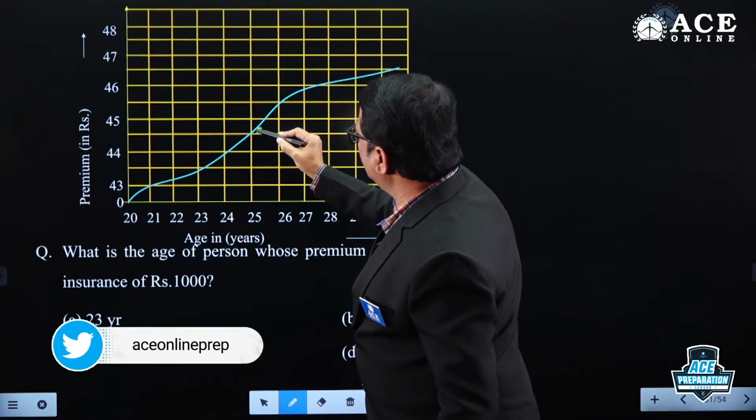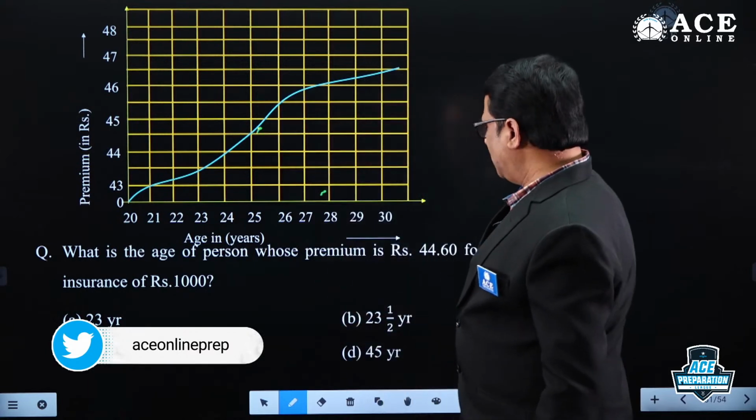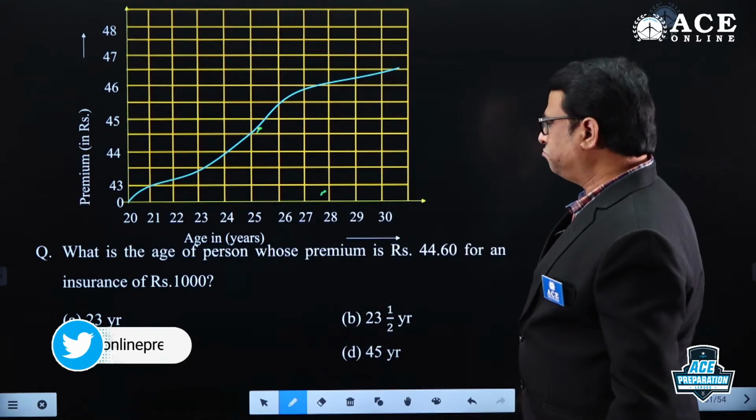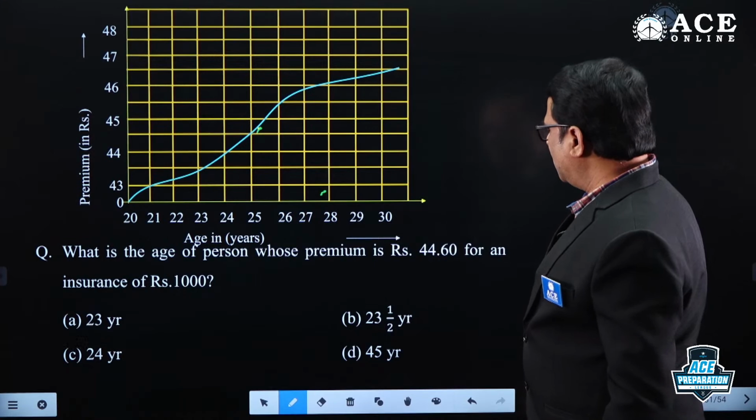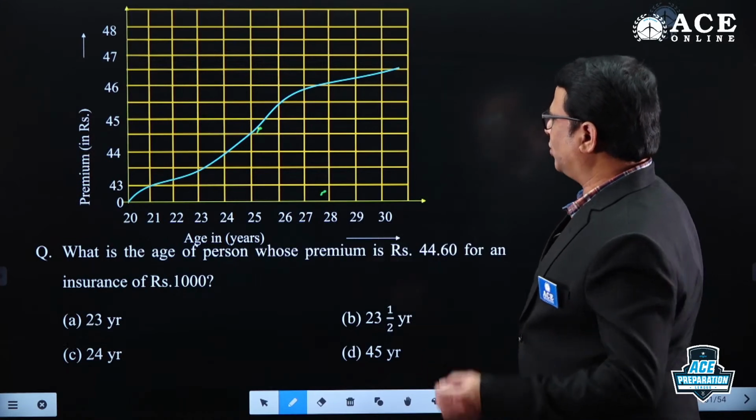That means it should cross 25. But we are not given any age which is slightly more than that.